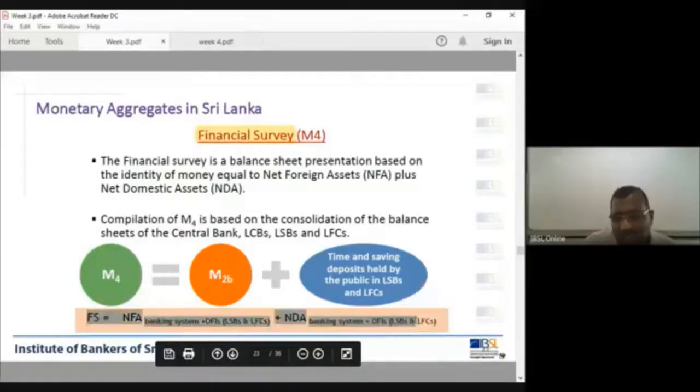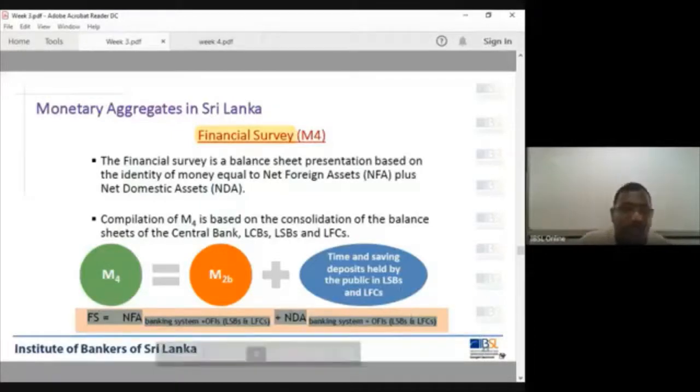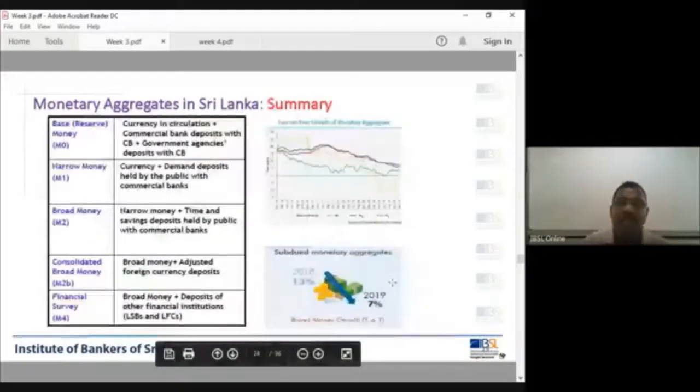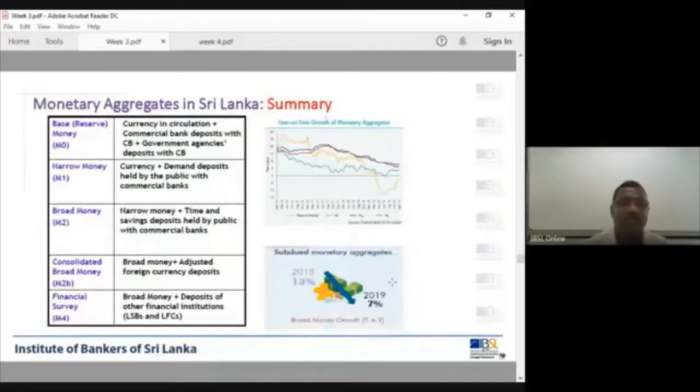I'm not touching on it in detail. I am hoping that you have the principle very clear in your mind. So here we have basically summarized all these components, right? If you look at this slide, you will see how the base money is composed, how the narrow money is composed, how the broad money is composed, how the broad money M2B is composed, and how the financial survey is composed.